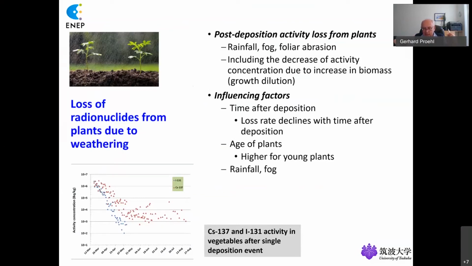Influencing factors are the time of the deposition, the age of plants, and rainfall or fog. And often this weathering is a quite effective process. The weathering half-life is in the order of 10 to 14 days, depending on the influencing factors.